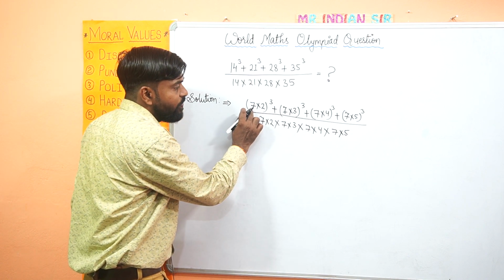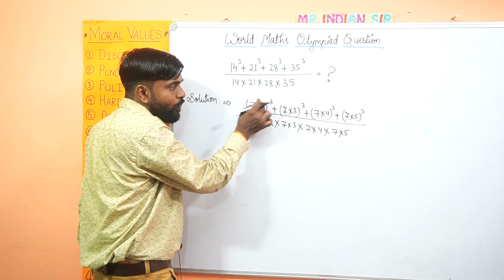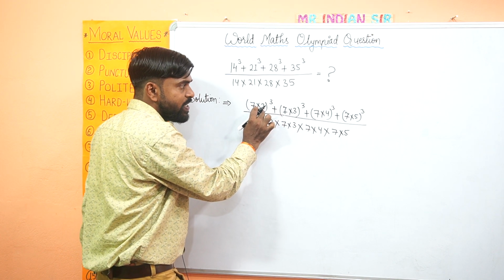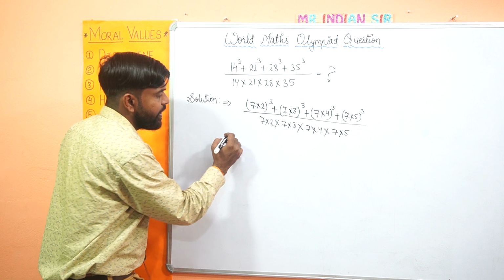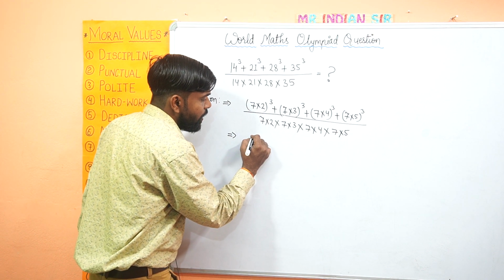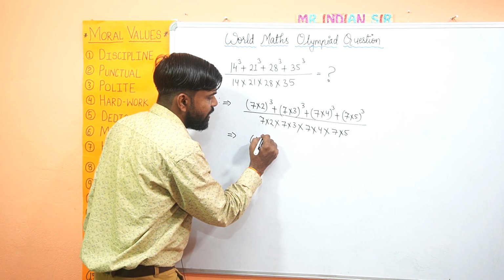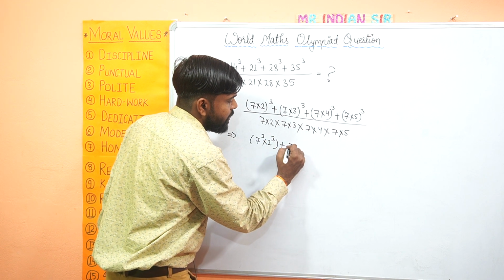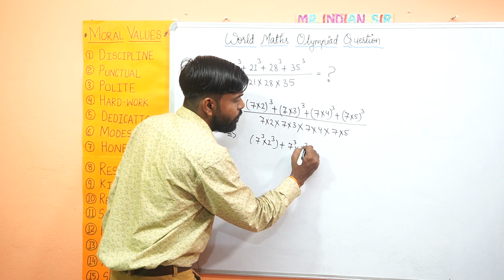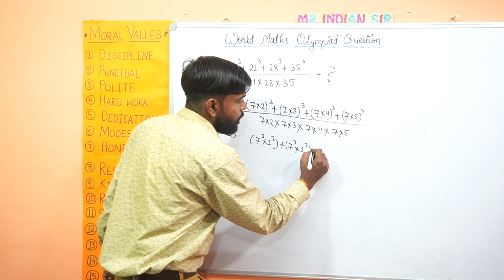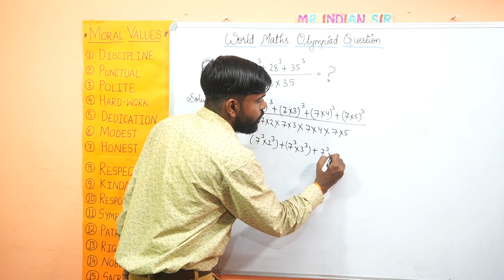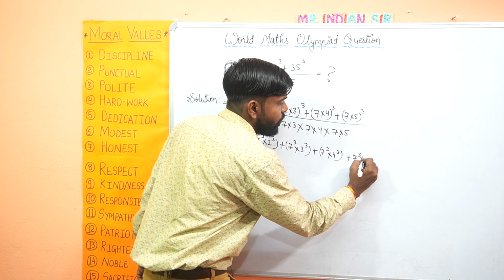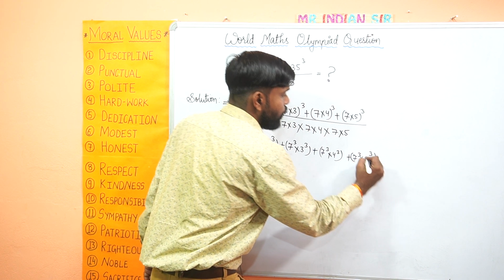So guys, in all of these cases, you know that if it is cube for both of them, 7 cube is there and 2 cube is there. Let's write it down. It will get a bit lengthy, but there is nothing to worry about. 7 cube into 2 cube plus 7 cube into 3 cube plus 7 cube into 4 cube and plus 7 cube into 5 cube.